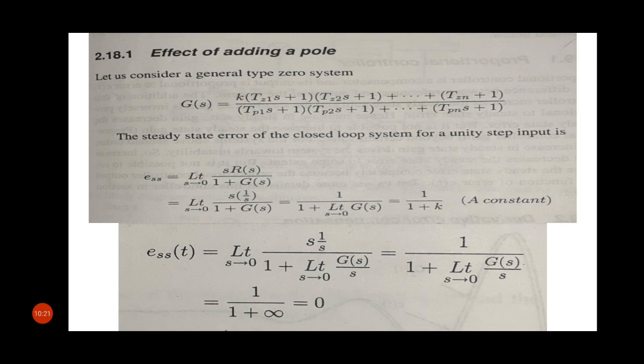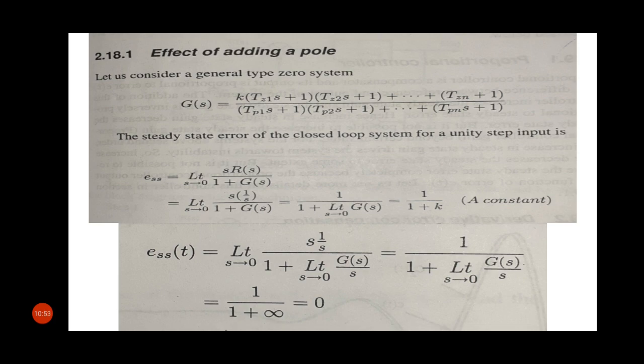Now see, the steady state error of the closed loop system for a unity step input is ess, because steady state error we always represent by this symbol ess. So ess equal to limit s tends to 0 of s R(s) divided by 1 plus G(s). Now here we consider the step input, that's why R(s) equal to 1 by s.